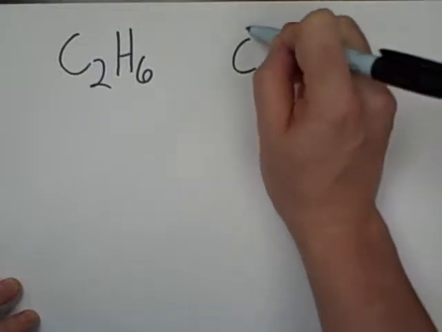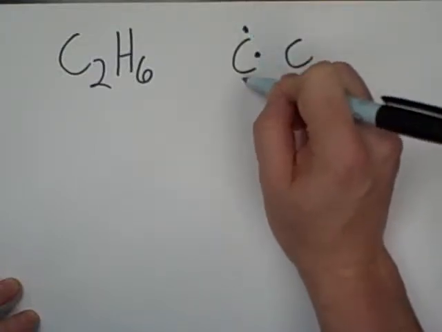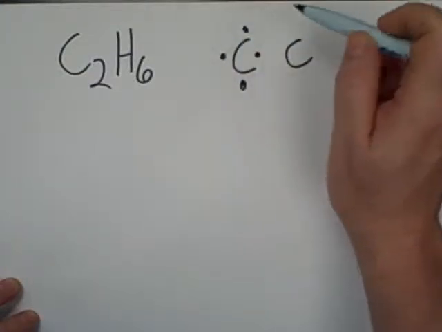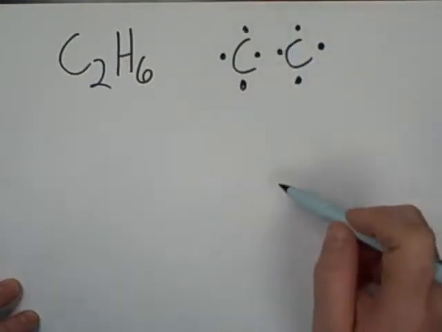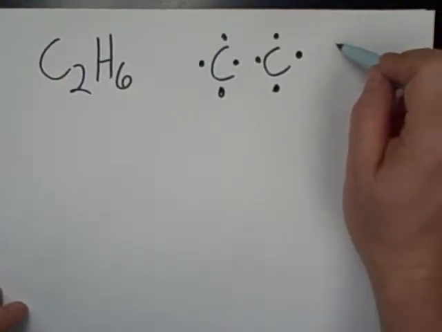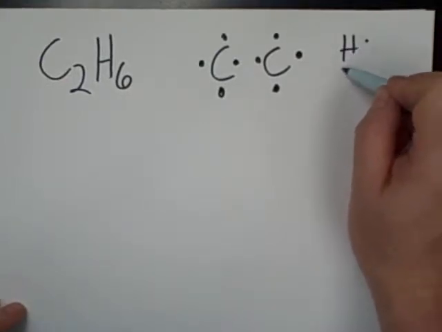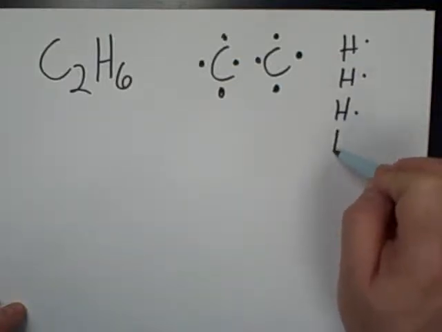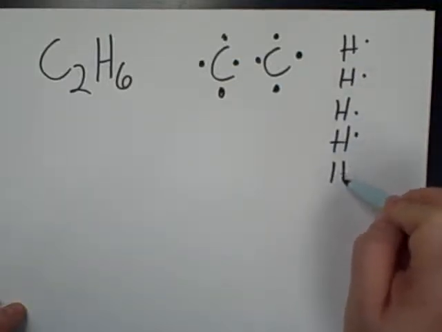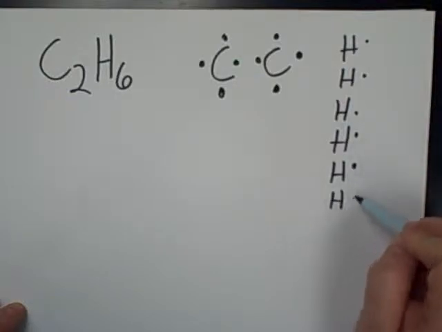There's 2 of them, so we're going to do it twice. 1, 2, 3, and 4. 1, 2, 3, and 4. Now, there are 6 hydrogen. Each one gets 1 dot. 1, 2, 3, 4, 5, 6.